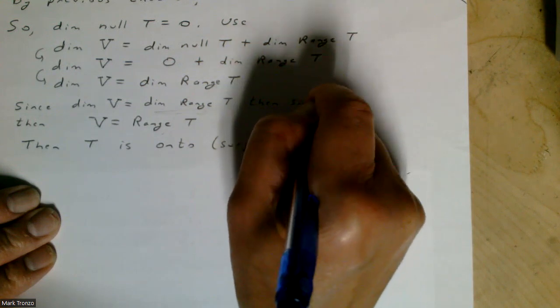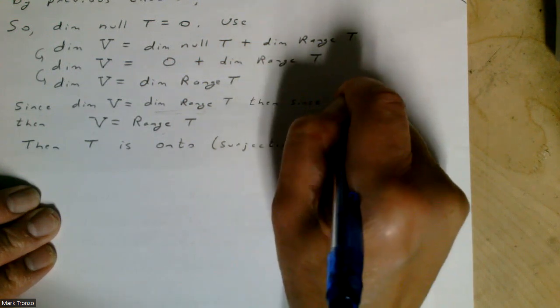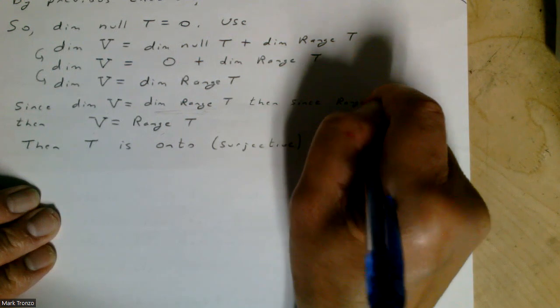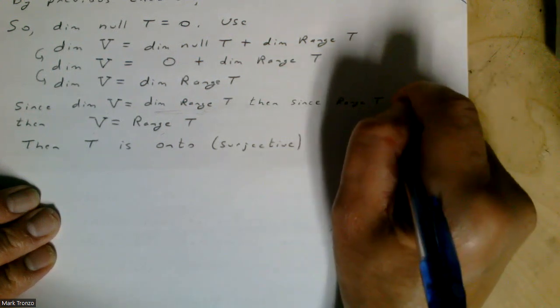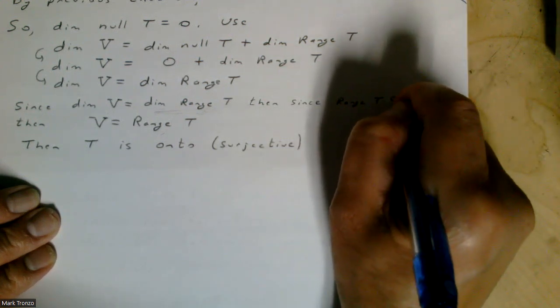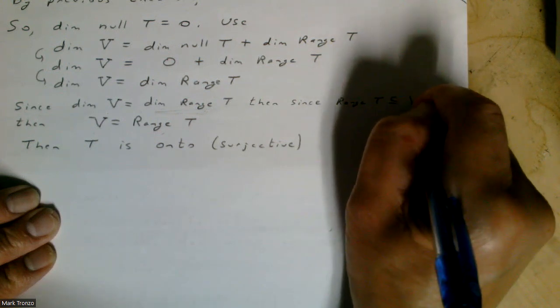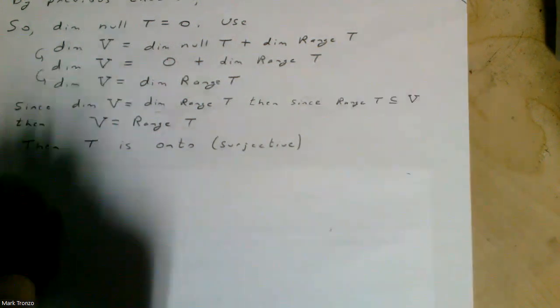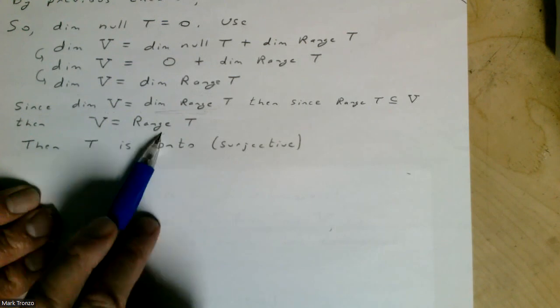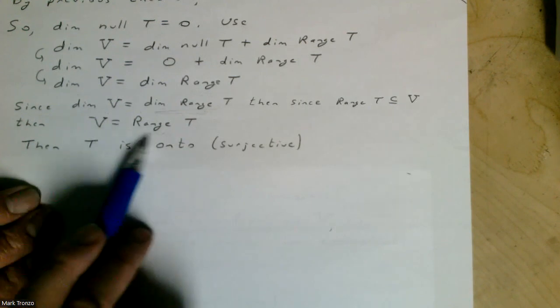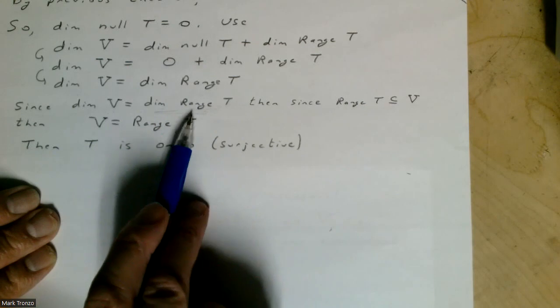Then since the range of T is a subspace, and let me just put maybe a subset of V, then we can say V was given this range. So that's what allowed us to do that, because we're just mapping from V to itself.